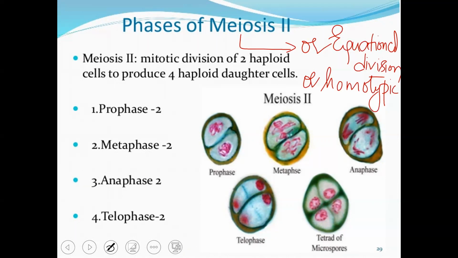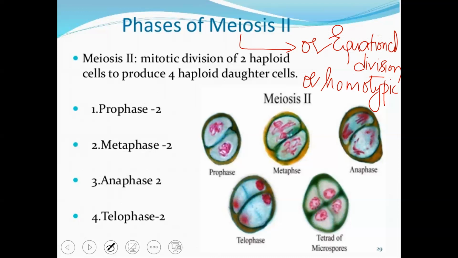Homo means same type. So here it is the same type of division, just like mitotic division, into prophase 2, metaphase 2, anaphase 2, and telophase 2, followed by cytokinesis. At the end of meiosis 2, four haploid daughter cells are produced.